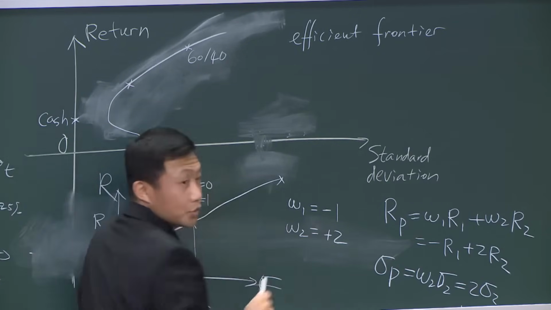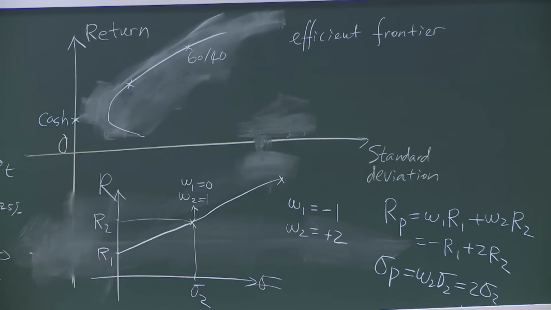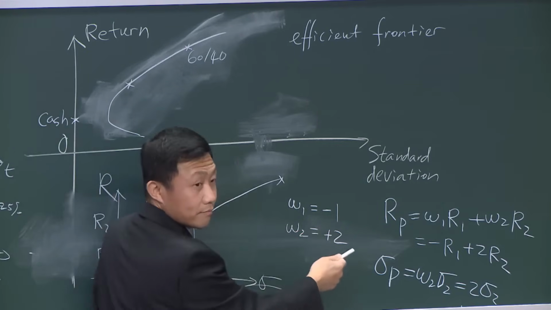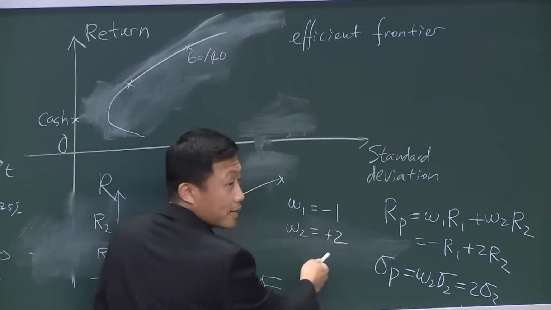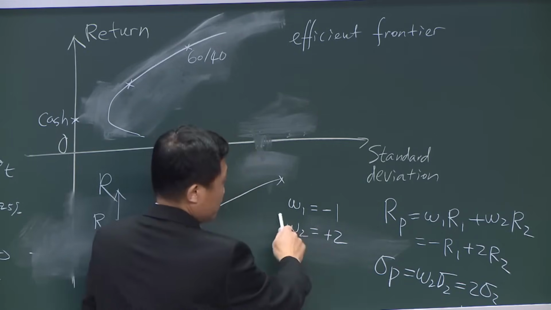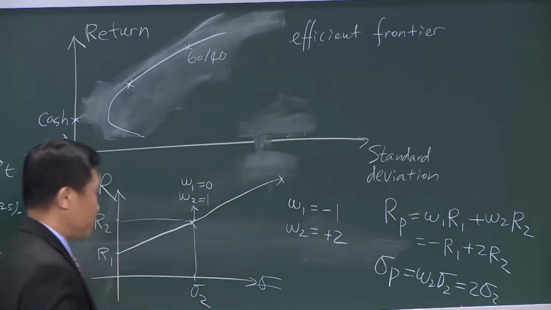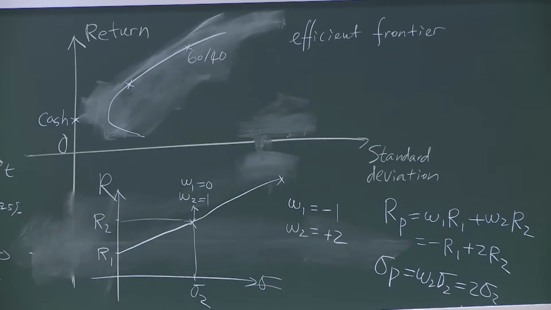So this introduces the concept of leverage. Whenever you go short, you introduce leverage. On your balance sheet, you have 2 times of asset 2. You also short one of the other instrument, right? So that's your liability. So your net is still 1.